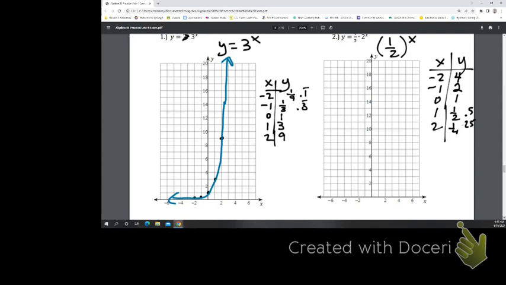So now we'll see that it's bigger on the left side. Negative 2, 4, negative 1, 2, 0, 1. And then we got our tiny ones, halfway and halfway there. So then this is going to come up, and this is going to go this way.